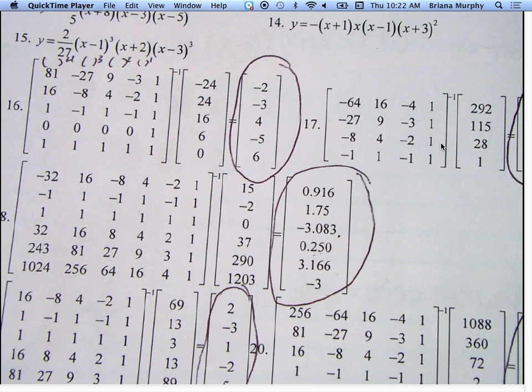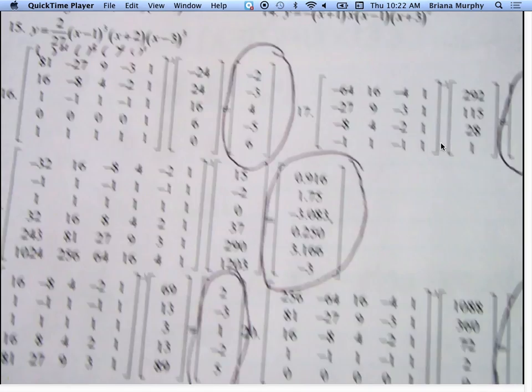That's 0.916, 1.75, -3.083, 0.25, 3.166. Yes, Nolan? I got all fractions of those. Okay, it's just the decimal equivalent. We can do it and write down what the fractions are for those in just a second, okay?